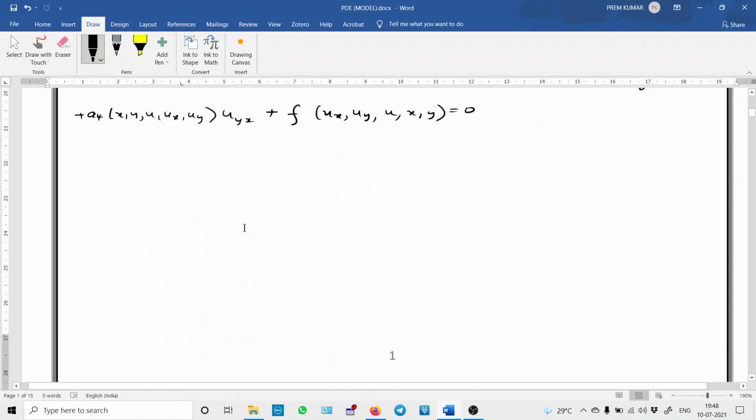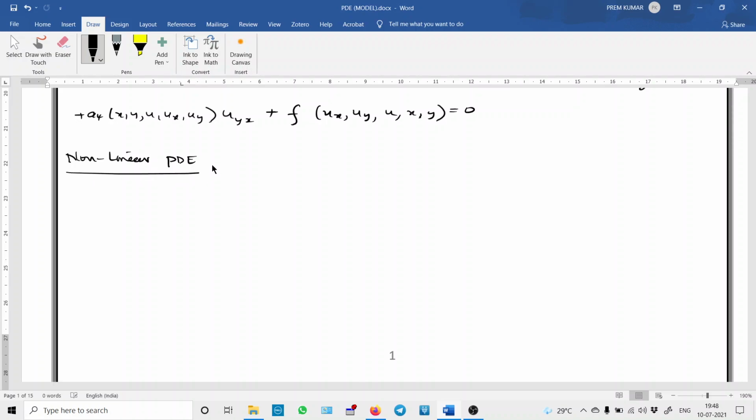Now, what is a non-linear PDE? A partial differential equation that is not linear, we call a non-linear PDE.